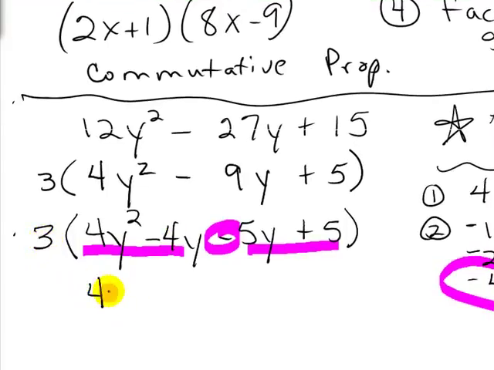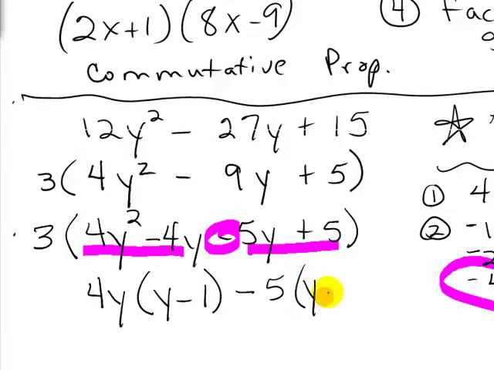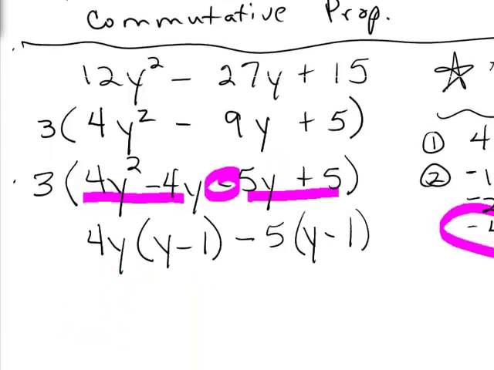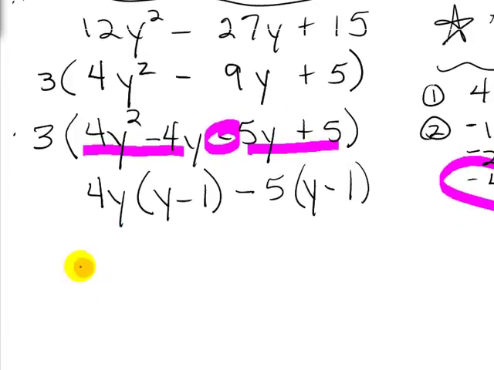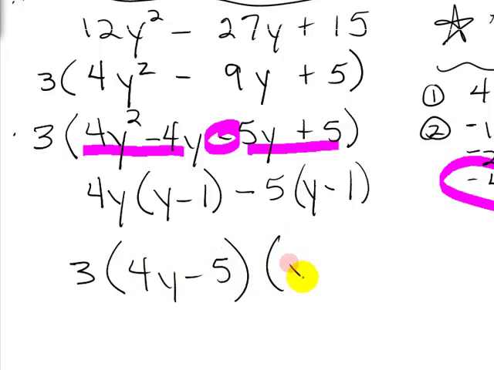We have 4y times y minus 1 minus 5y minus 1. A negative times a negative gives me the positive. My final answer here, the GCF of 3, 4y minus 5, y minus 1.